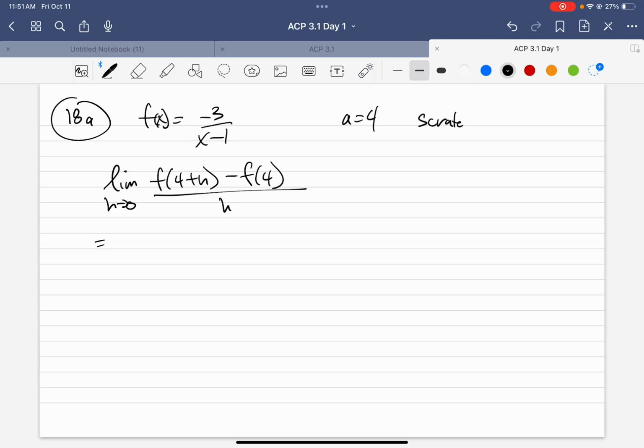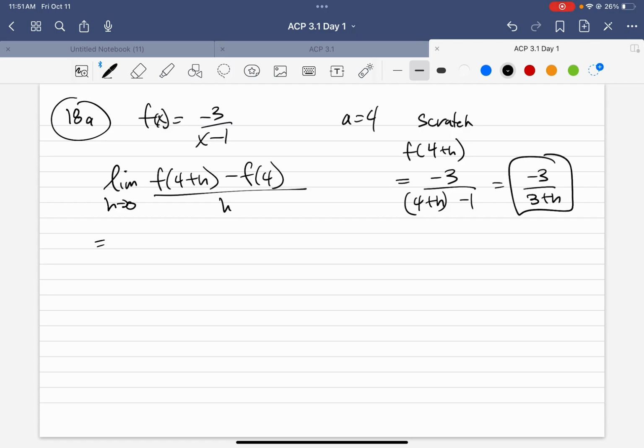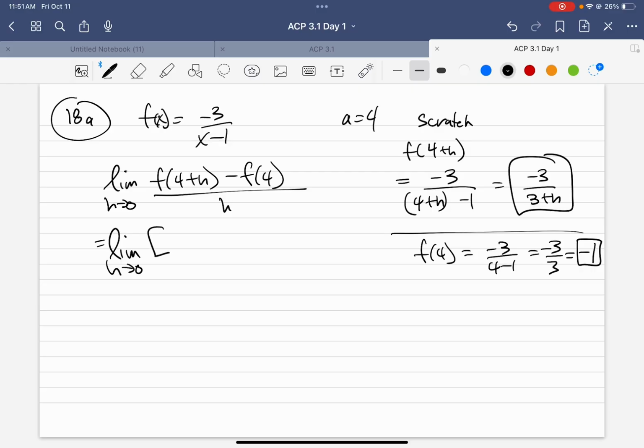So over here on my scratch paper, I do f of 4 plus a little bit. What that's telling you is that you put in 4 plus a little bit in for x, so you get negative 3 over 3 plus h. But then f at 4 is negative 3 over 4 minus 1, so it's negative 3 over 3, which is negative 1. So this is really the limit as h goes to 0 of, well, this I can just replace with this, and this I can just replace with that.